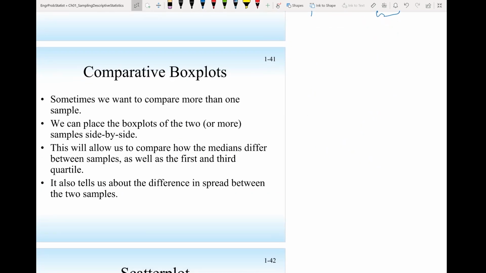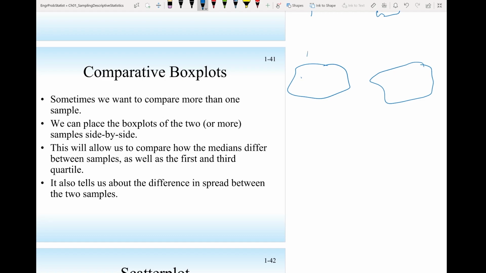Now, comparative box plot. Sometimes you have two methods or two systems, and you want to compare how accurate these two systems are in giving you the output for the same input. So you have a sample space of outputs here. That could be like the design of amplifiers or resistors, and the data here are the values of the resistors.